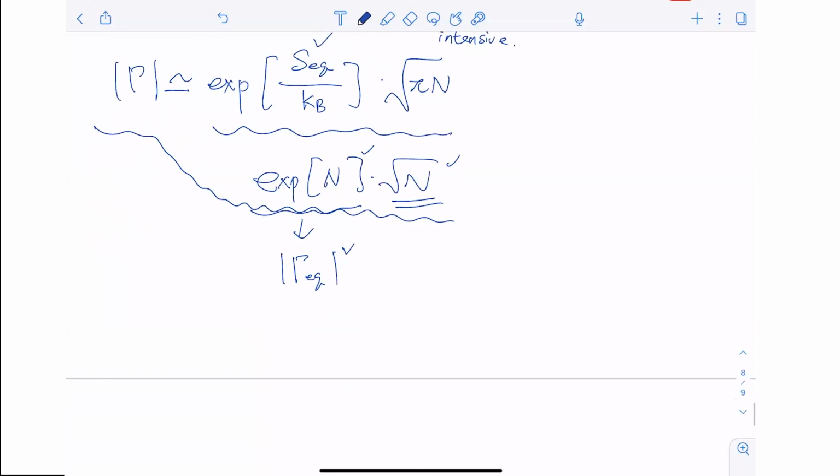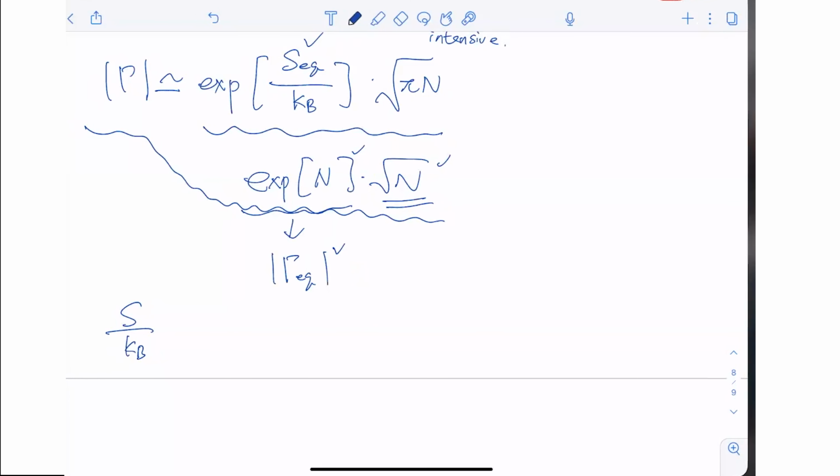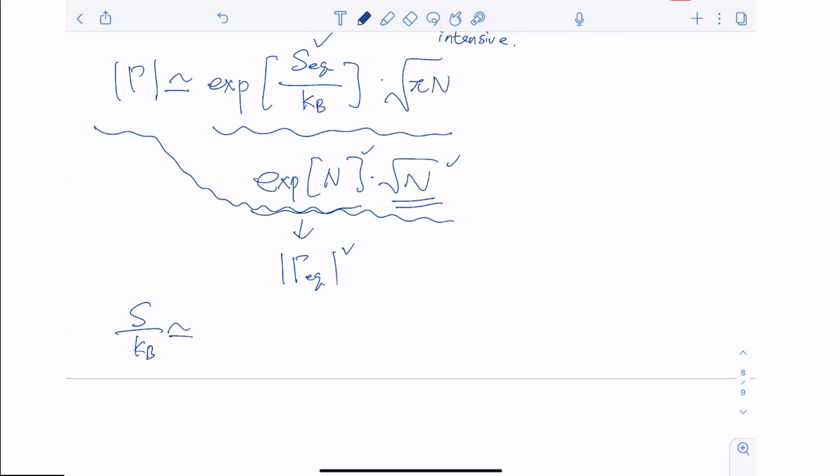So when you calculate the entropy, basically you take the natural log of gamma, then you'll see the dominant contribution is still from the equilibrium entropy plus some log n correction that you don't care about. Okay.